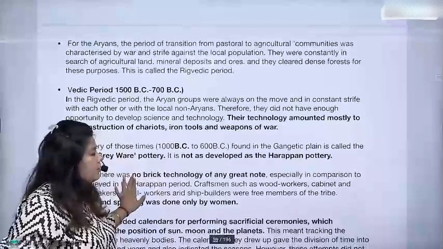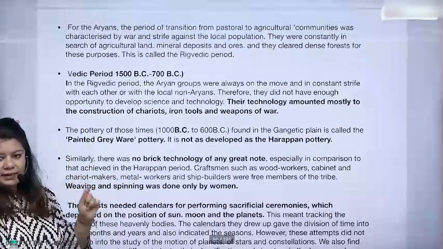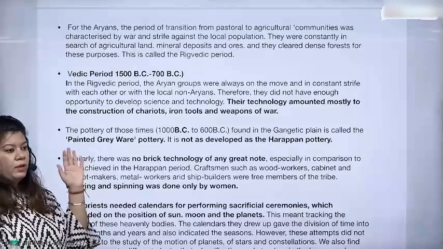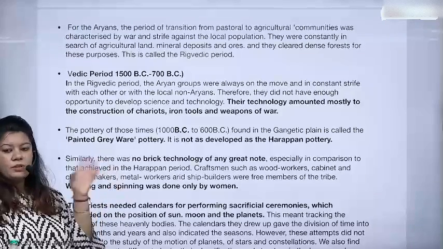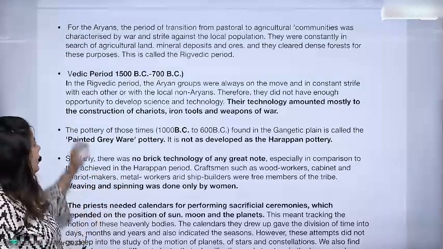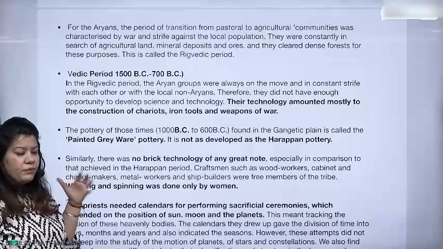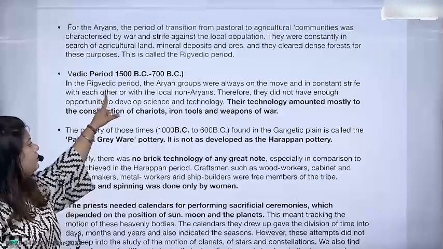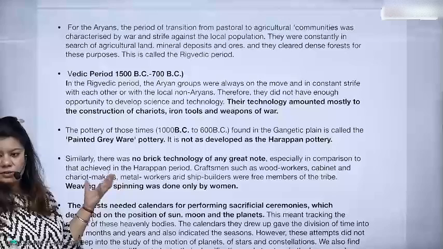Now we had oversimplified the phase of 1500 to 1000, then 1000 to 600 and 600 to 300. Now in the Vedic period, what we usually found specifically between 1500 to 700 BC, again this migration of Indo-Aryans was happening.